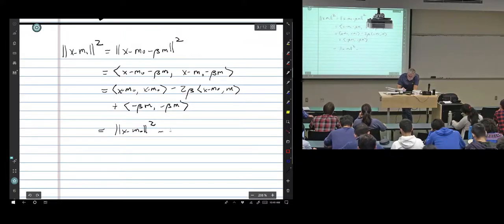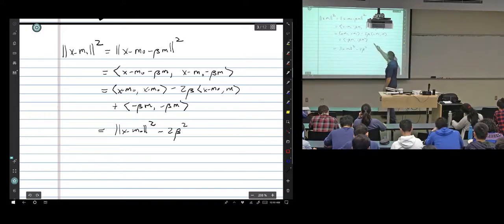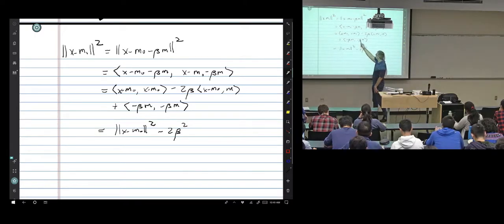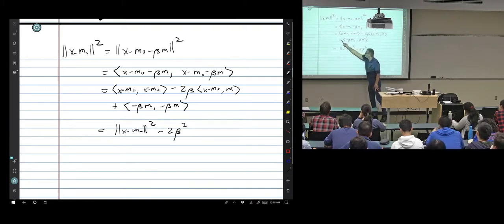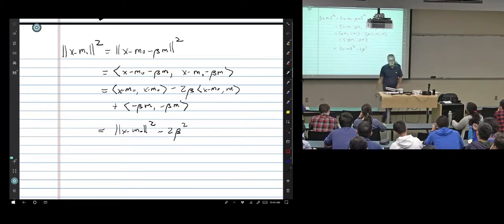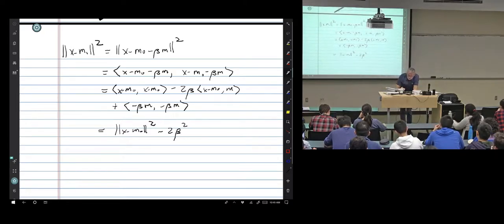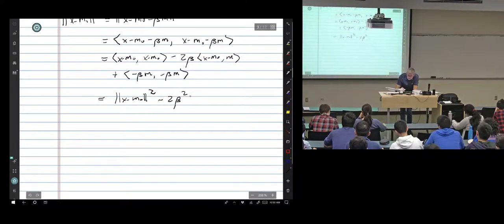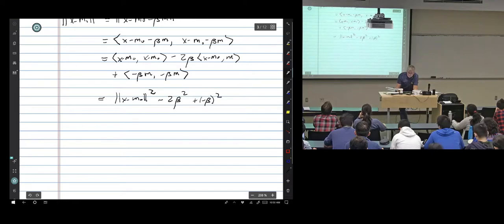So this is minus 2 beta squared. And here I factor out minus beta times minus beta, so I get beta squared. Then I've got the inner product of M with itself, which is 1. Okay, so this is plus beta squared.